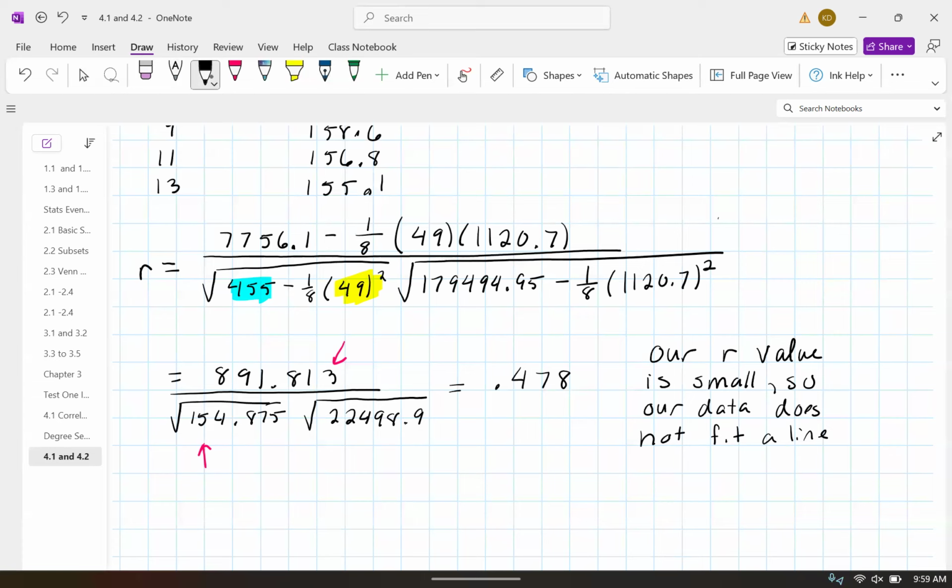It's just not the right model for this data. Maybe there is another model, or maybe there's not a model. That happens sometimes too. Probably would have been good to graph it and look at it, but that's okay. This is good enough for now.